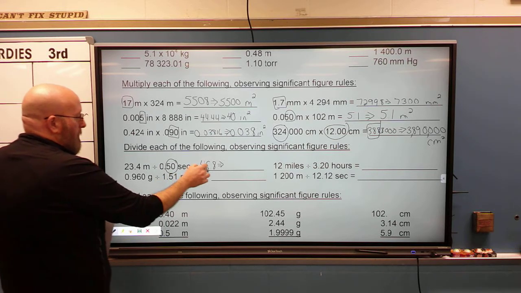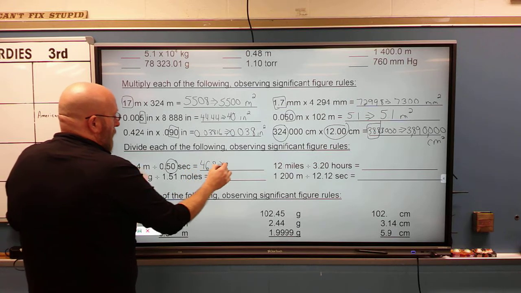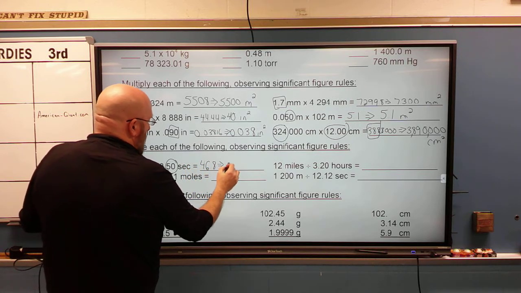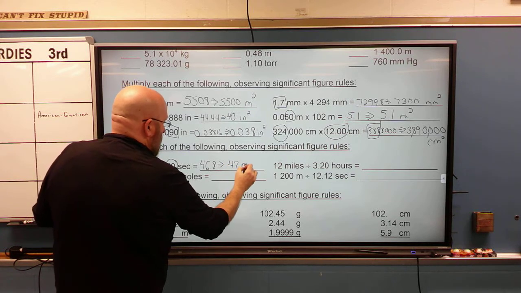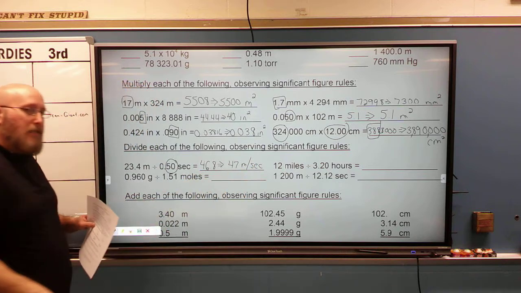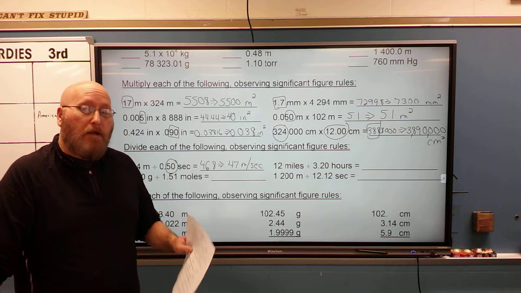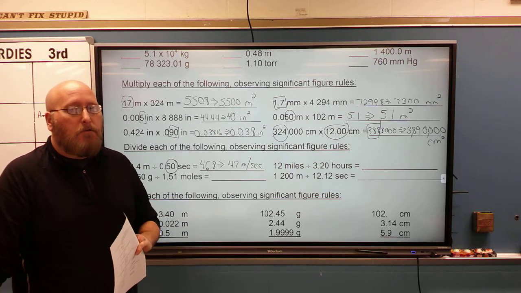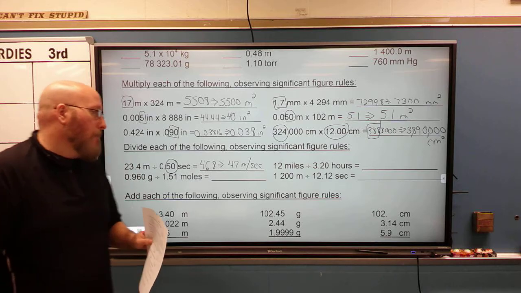So my answer has to be 2. If you'll notice, these are the first 2. That 8 makes that 6 a 7. So 47 meters per second. Please make sure you always write your units. If you don't write your units, you're not going to get credit for it, okay? Always write your units.